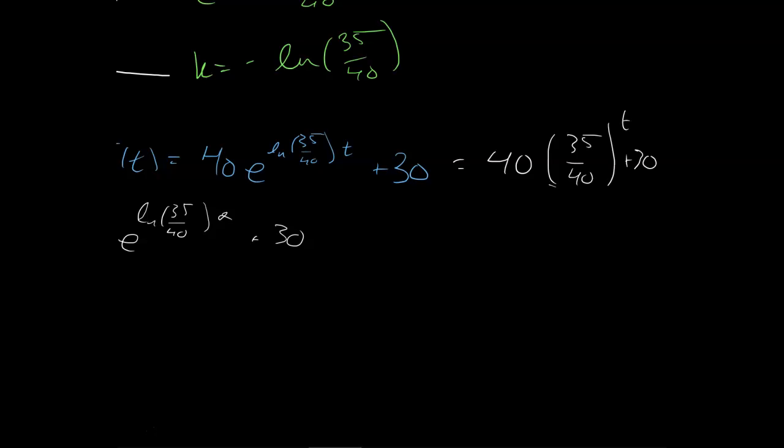That's another way of writing this one, which might be easier to plug in. So let me plug this in: 40 times 35 divided by 40 to the power of 2 is the example that we're looking at.